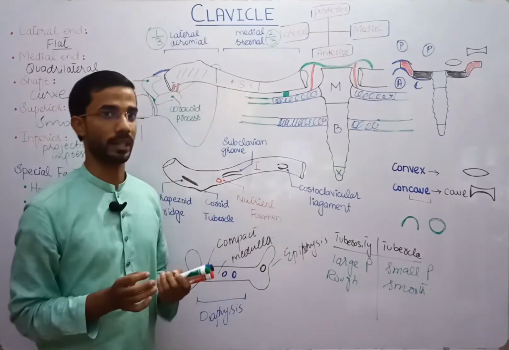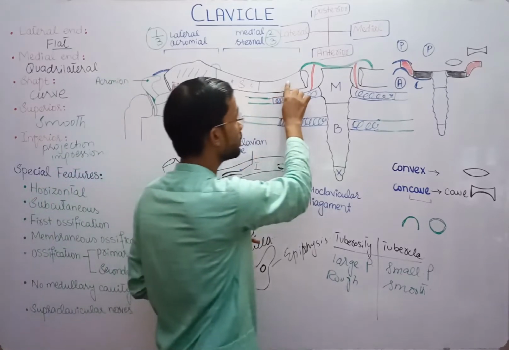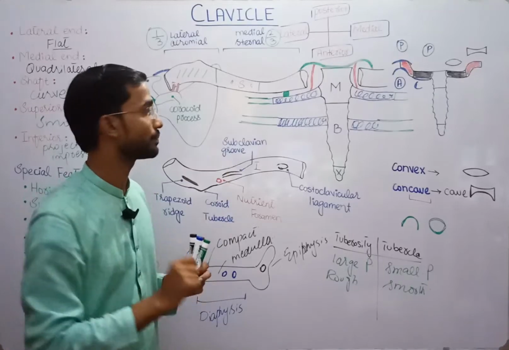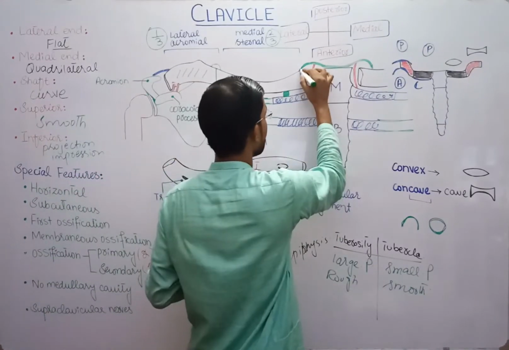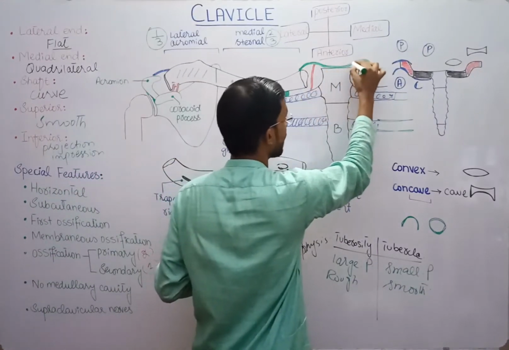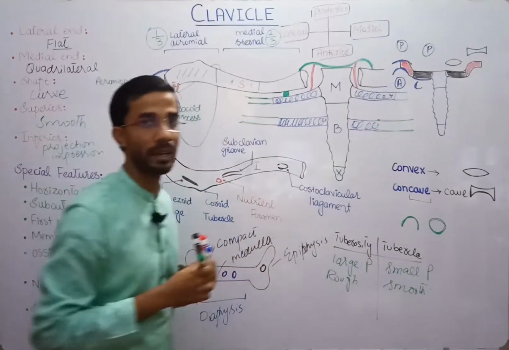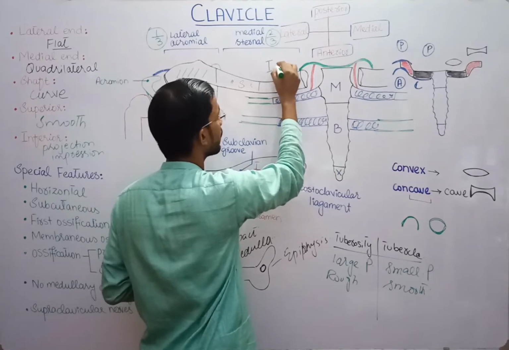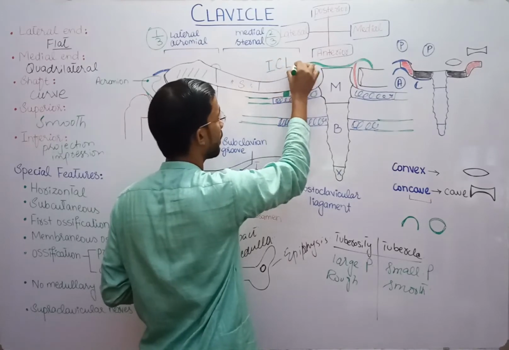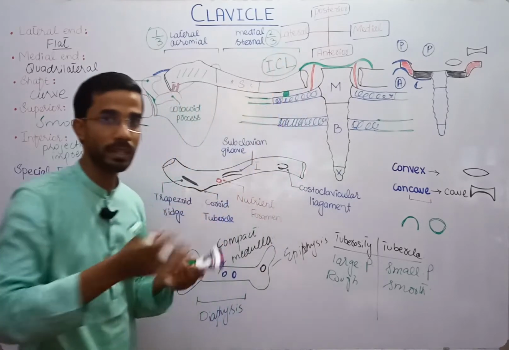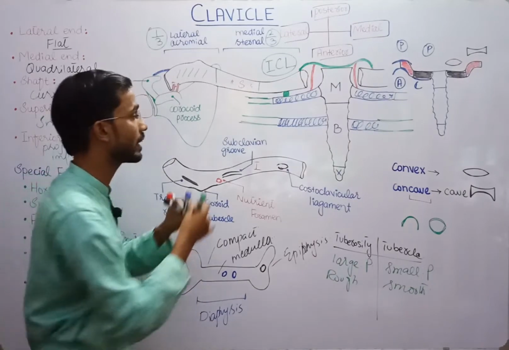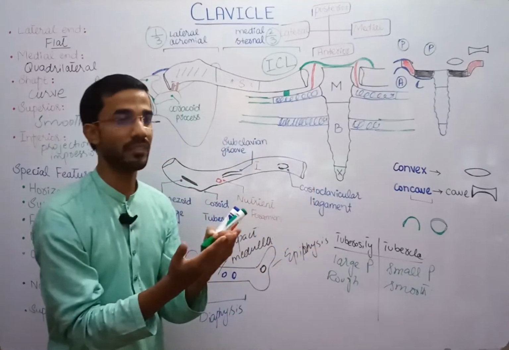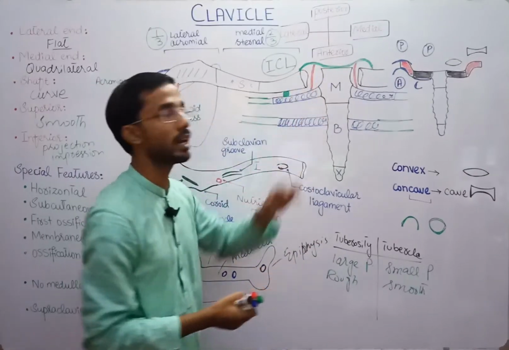There is a clavicle on the left and another on the right, and in between these two clavicles there is another ligament which is called the interclavicular ligament. Inter means between, and clavicle means clavicle. It means the ligament present between the clavicles is called the interclavicular ligament.